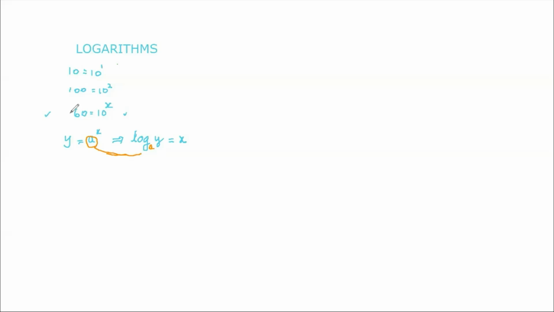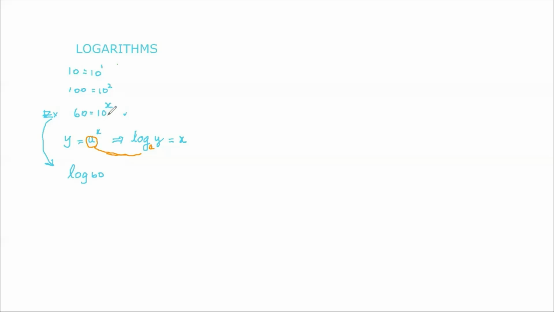Okay, so how do we convert this example? This is the exponential form, right? You take log 60, since this 10 is the base of the exponent. Move the base 10 of the exponent to be the base of the logarithm.